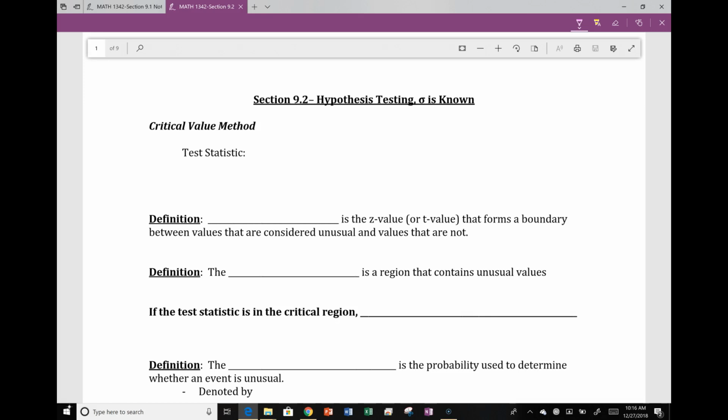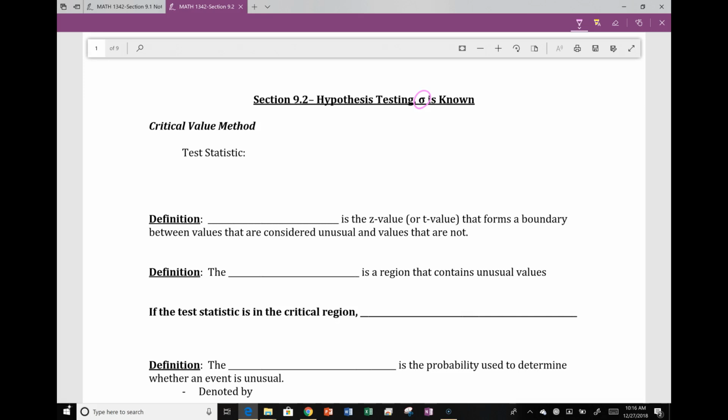Now, just like with confidence intervals, we used a z when our population standard deviation, sigma, is known, when we have that information. If our population standard deviation is not known and we have our sample standard deviation, we use our t value.